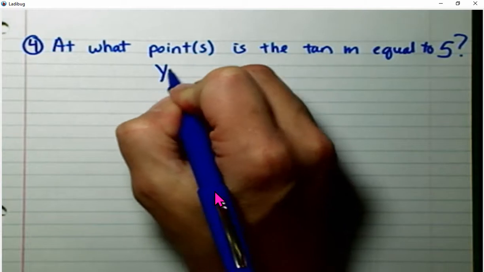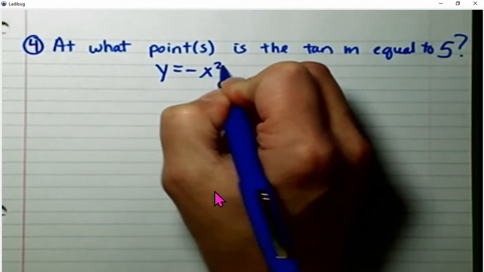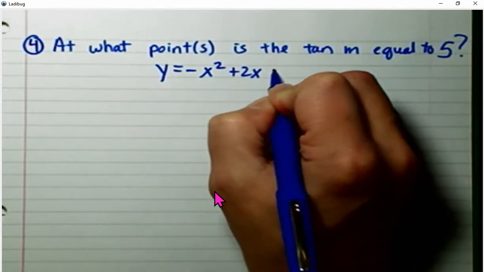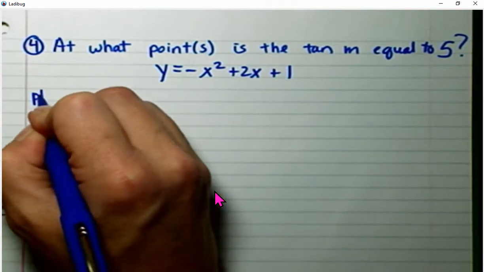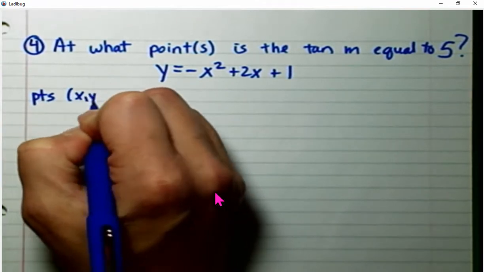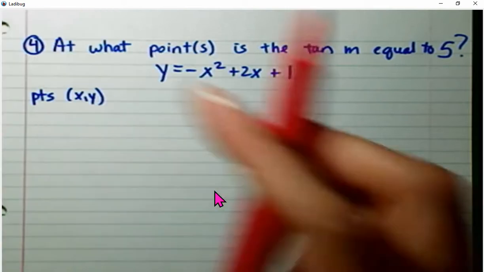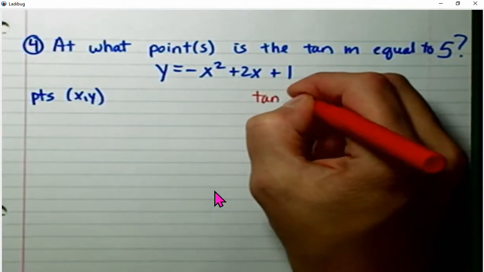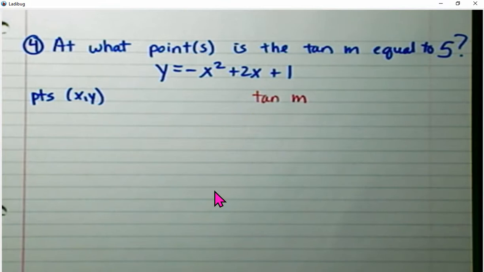Okay, here is your y equals. Okay, so you've got points and you have tangent slopes. Start dividing up the information into which column it goes with.